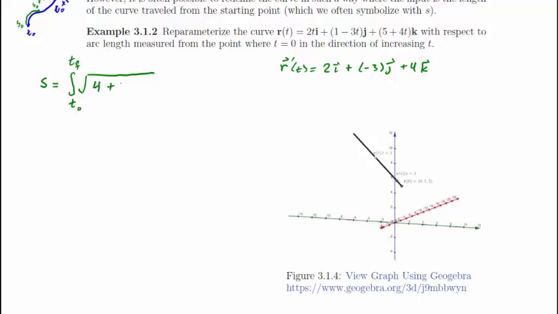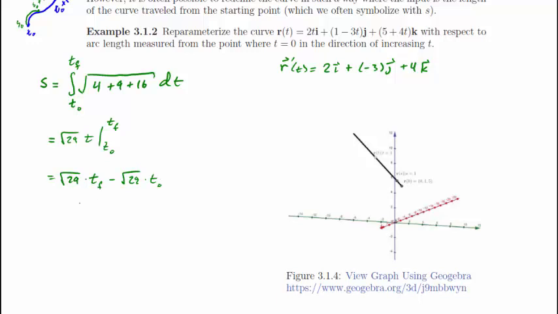So we have the square root of 4 plus 9 plus 16 dt. So this is the square root of 29 times t evaluated from t naught to t sub f, which equals the square root of 29 times t final minus the square root of 29 times t naught.